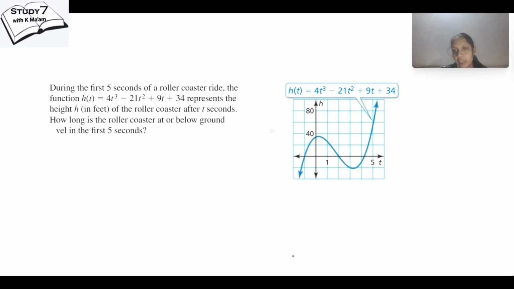If you look at the graph provided, it cuts at negative 1, it cuts at 2, and there is 1 more. So x equals negative 1 is a factor, x equals 2 is a factor, and you find the factors here: x plus 1, x minus 2, and if you calculate the third factor, it will be 4x minus 17.